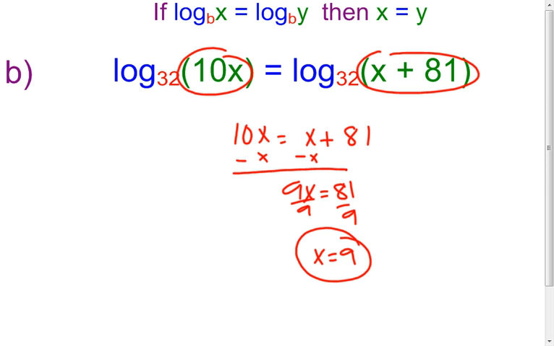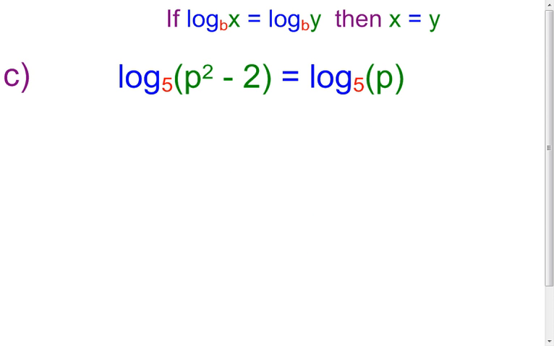All right, and one last one where this positive negative business is going to come up. So here we go. I'm taking log base 5 of p squared minus 2, and I can set that equal to p. Now, I need to solve for p here, so I need to get everything on the same side of the equation.